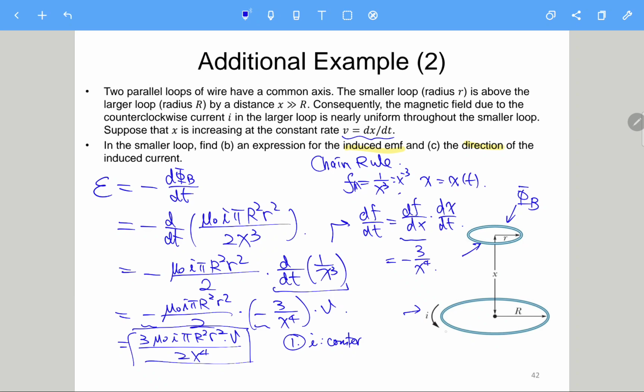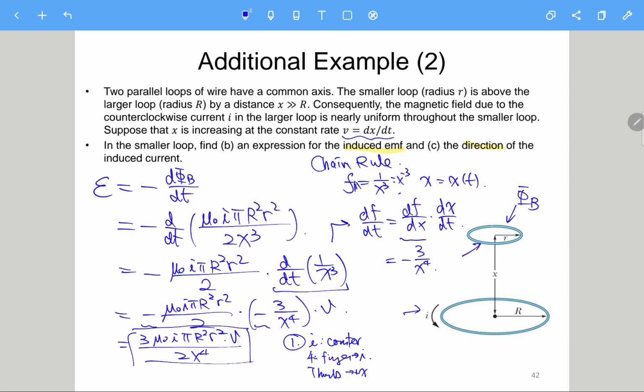You use the forefinger to follow the direction of the current, and the thumb will point to the positive x-axis.